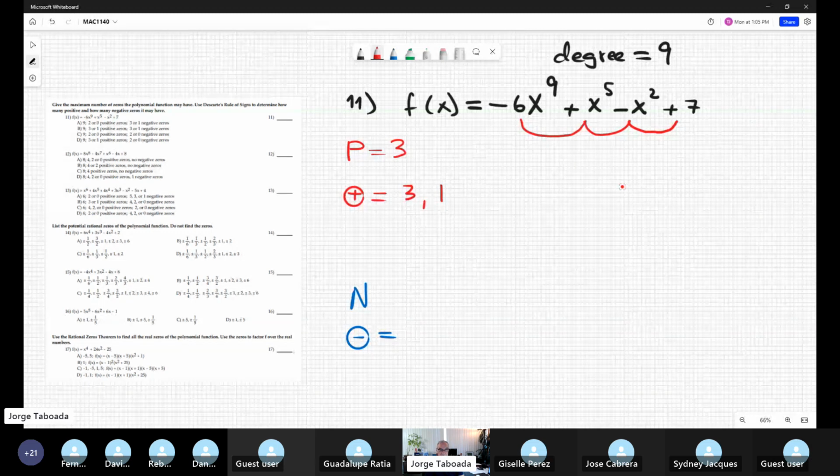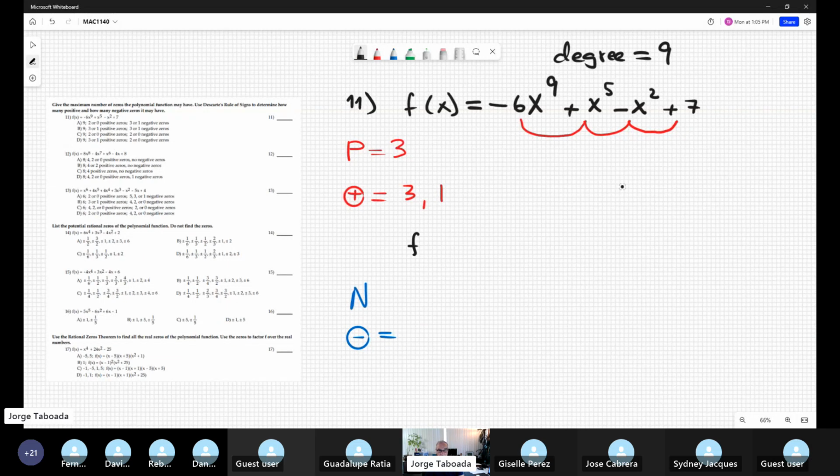Now, to understand the negative part, the only thing you should do is make a reflection. It says 6x to the 9th, so the odd exponents change, and the even exponents stay the same. Of course, 7 stays the same because you can interpret it like x to the 0, which is even.